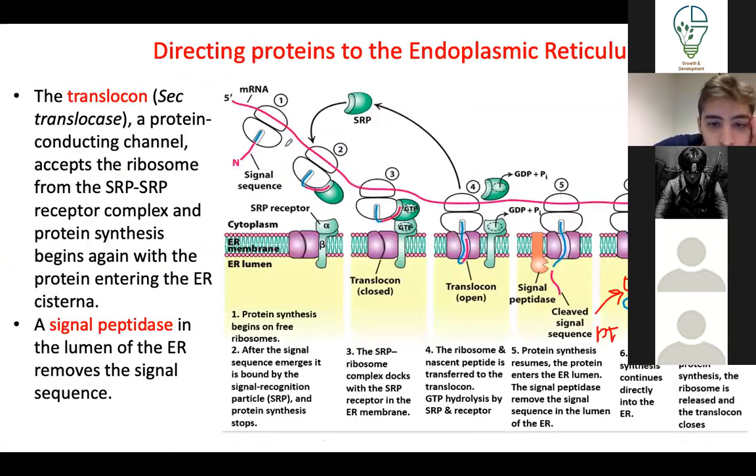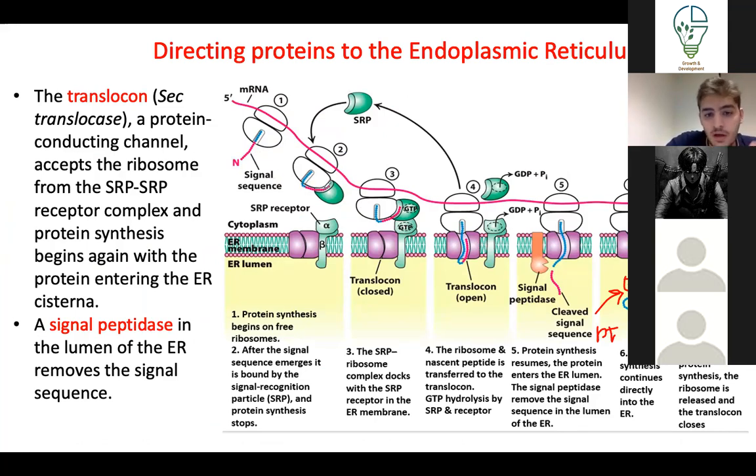Usually here what they like to ask about is whether translation occurs before or after. So translation stops when the signal sequence comes out and it continues after. Of course, you should 100% memorize this entire thing. Your entire batch has already memorized it for sure.